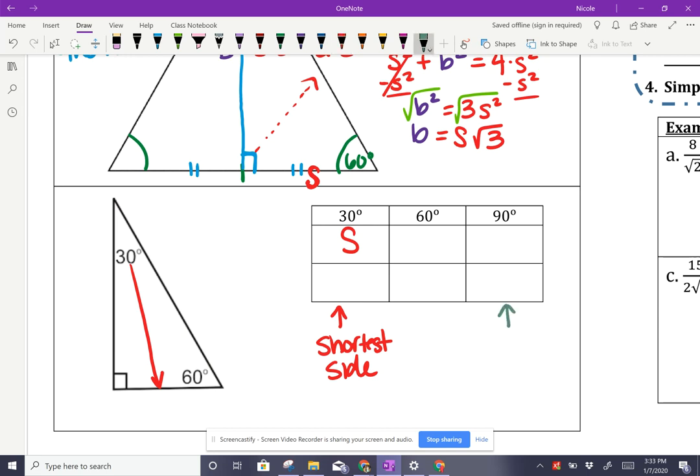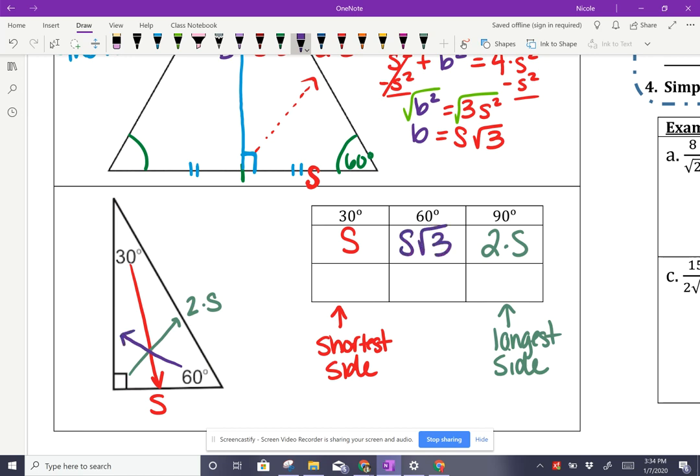Across from your 90 degrees is your longest side, and that's going to be 2 times S. And then across from your 60 is S root 3. So S, S root 3, 2S.